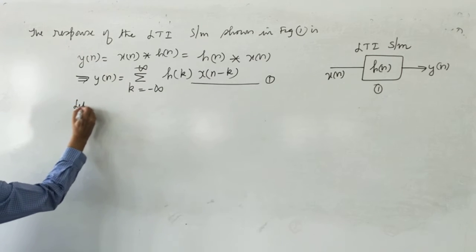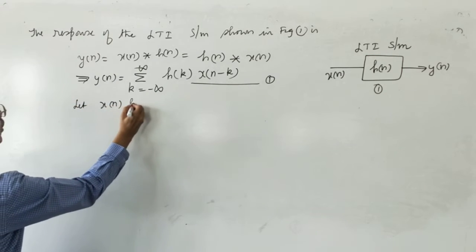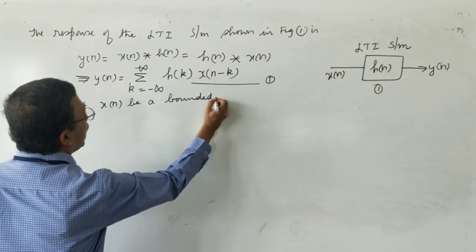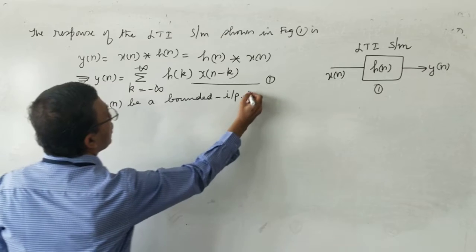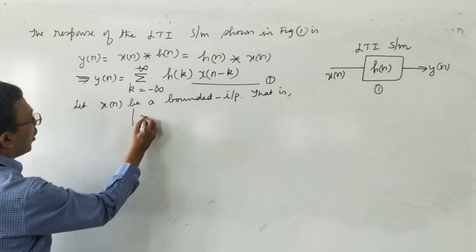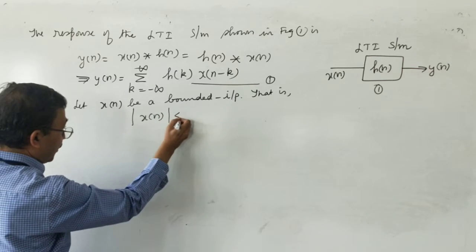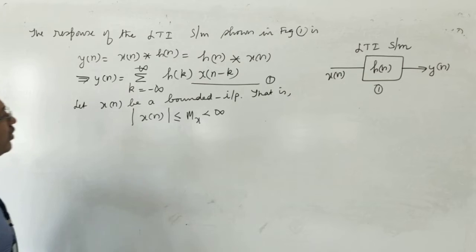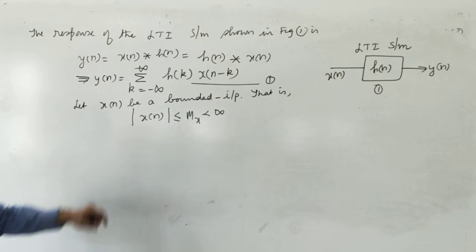Let x of n be a bounded input. That is, magnitude of x of n less than or equal to mx, mx less than infinity. This is what I mean by bounded input.